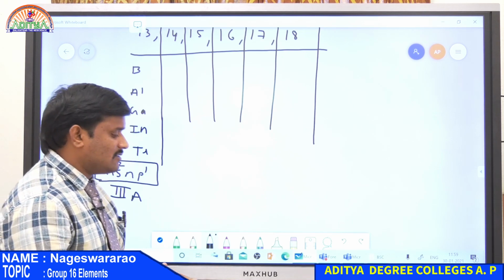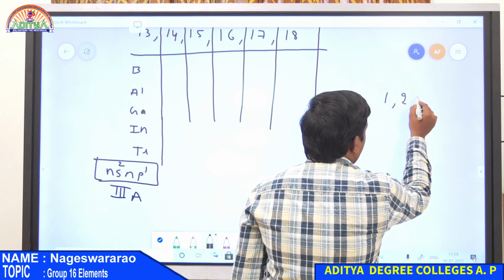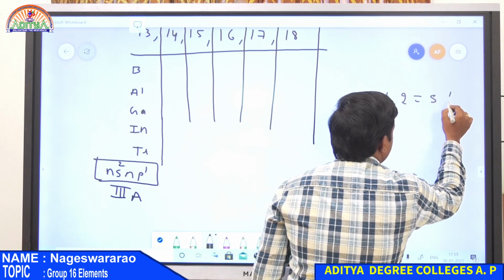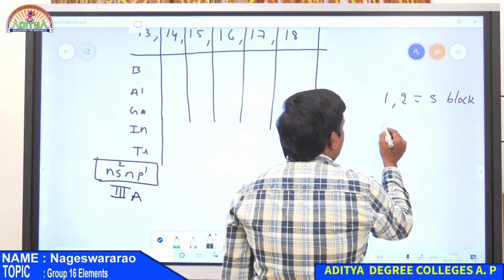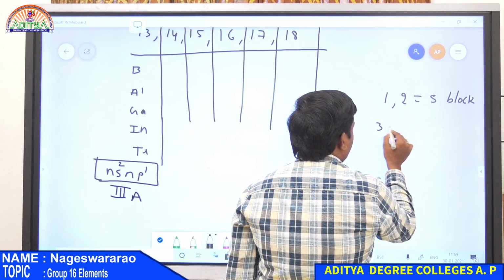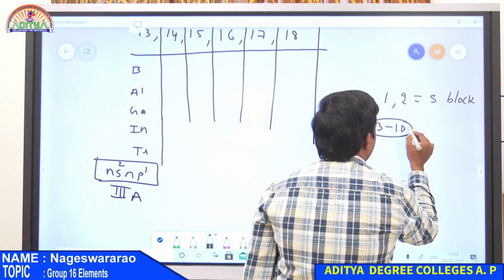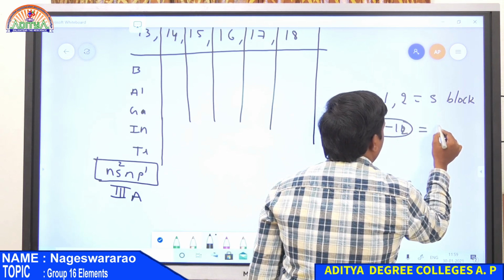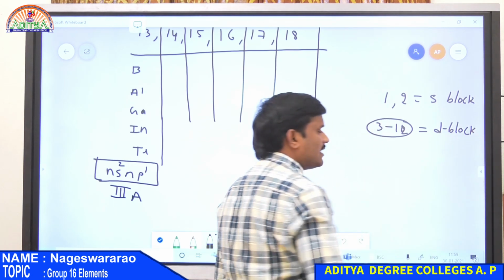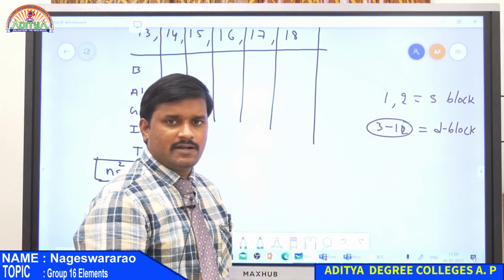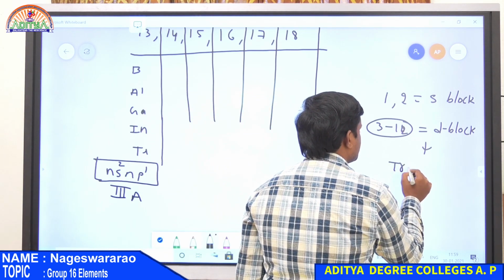So group number 1 and group number 2 are both s block elements, and the remaining, groups 3 to 12, are all d block elements. These are always present in between s block elements and p block elements, that is why d block elements are known as transition elements.